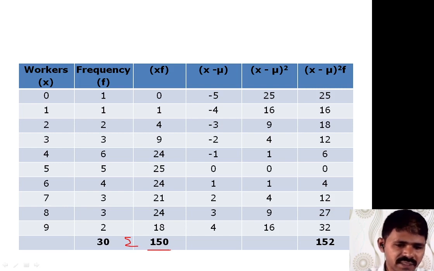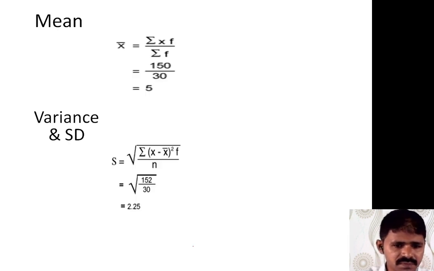If we divide this 150 by the frequency 30, we get 150 by 30, which is 5. So the mean value is 5 here.